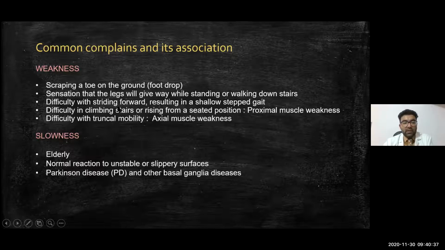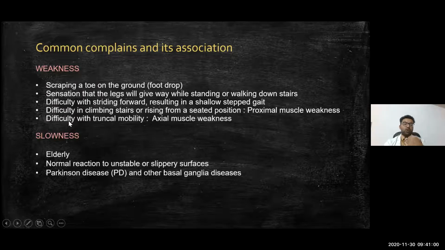The patient might have difficulty striding forward, resulting in a shallow stepped gait. Difficulty climbing stairs or rising from a seated position is encountered in proximal muscle weakness. The patient might have difficulty with truncal mobility, which we usually find in axial muscle weakness.